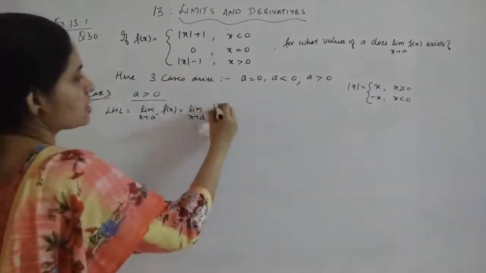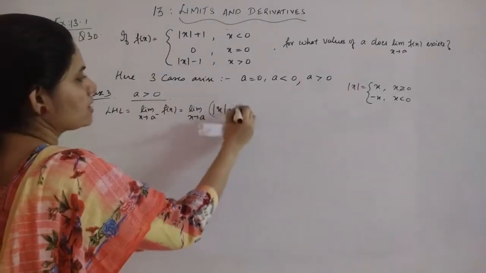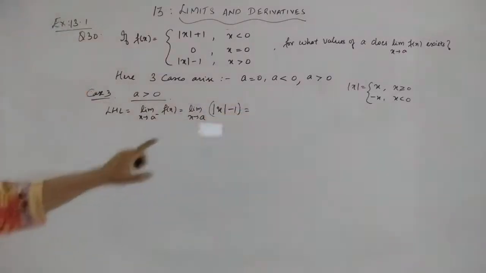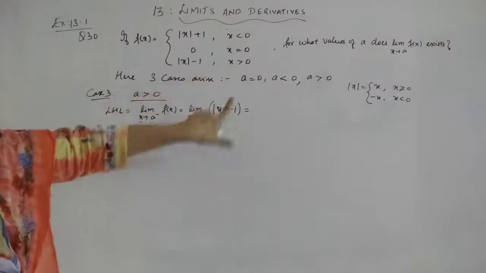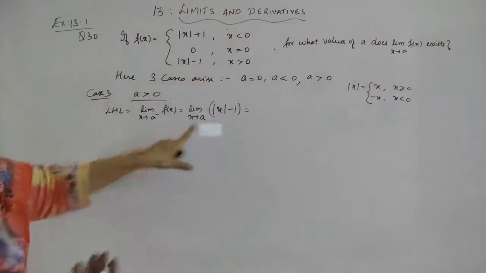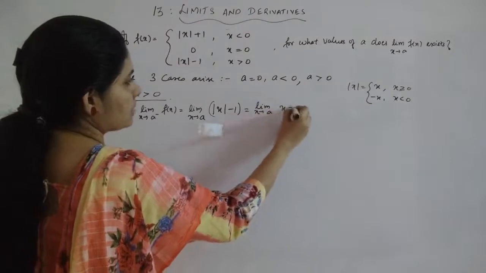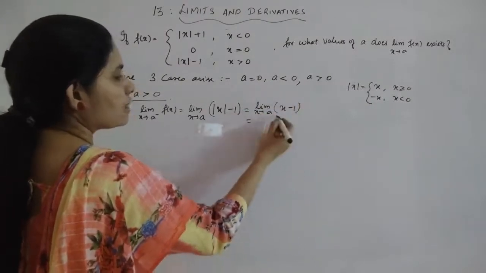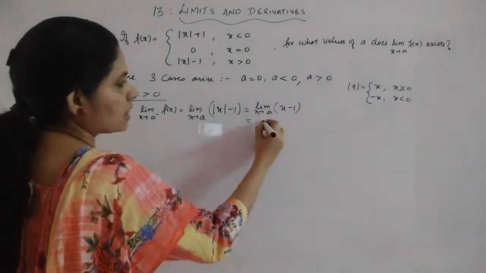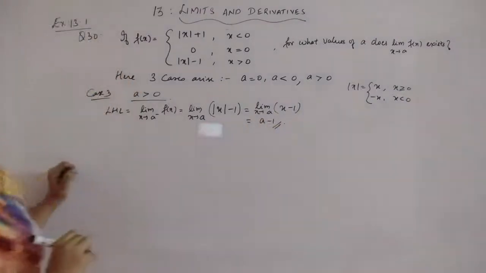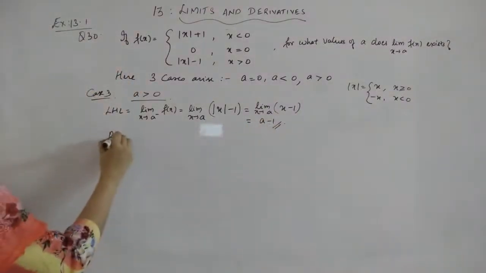So here I am just replacing f of x with mod x minus 1. Now again, since x is greater than 0, mod x will be replaced with x. So you will get limit x tends to a of x minus 1. Now replace the value of x with a, so that you will get a minus 1. So that is your left hand limit.